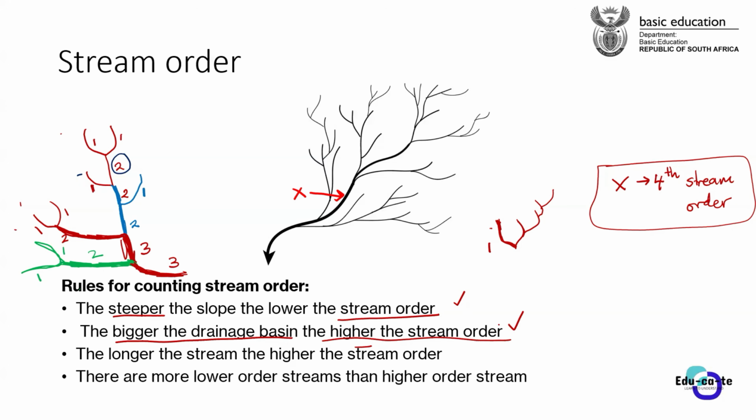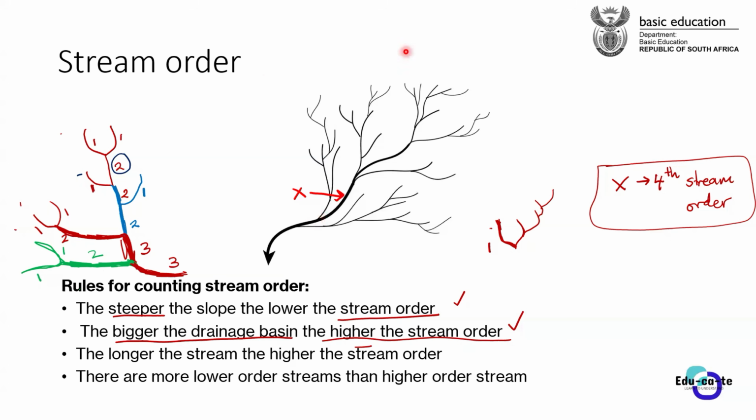So if our river is occupying a bigger area, it means that it has got more higher order streams. Why do I say that? For example, let's take the one that we just did right now. We realized that at X, the stream order is 4. So it means that's a higher order stream already.